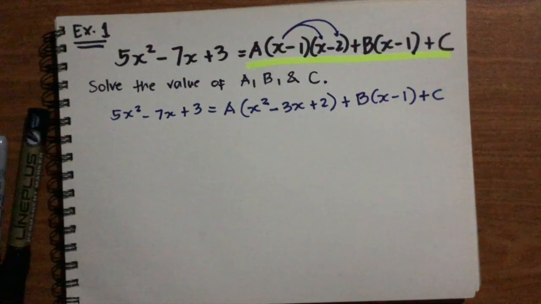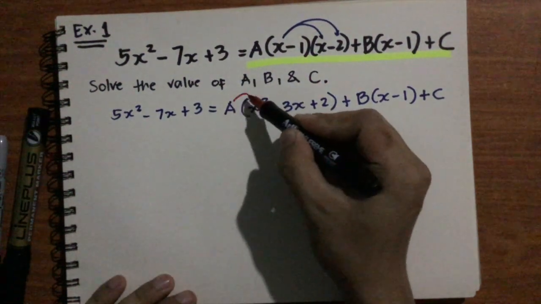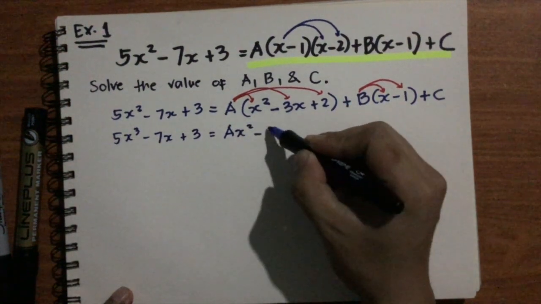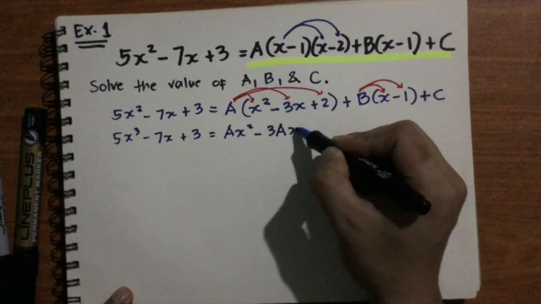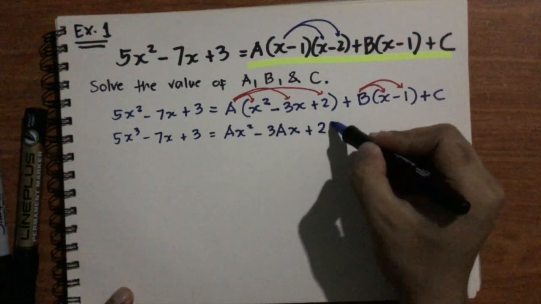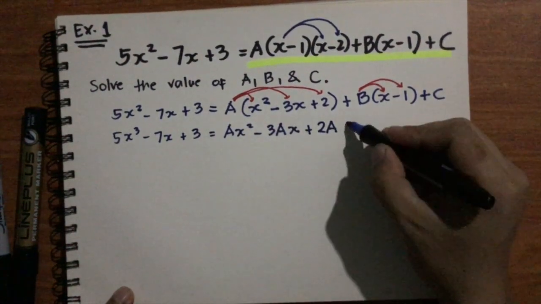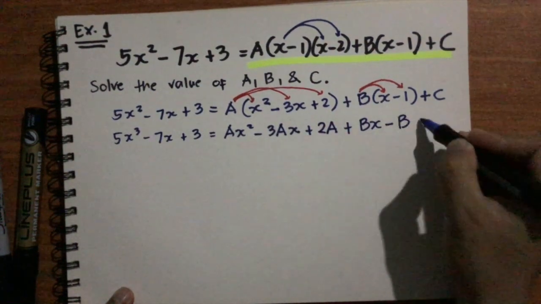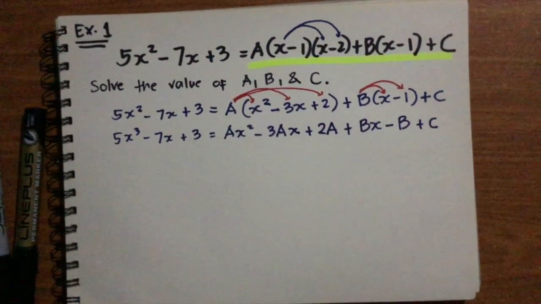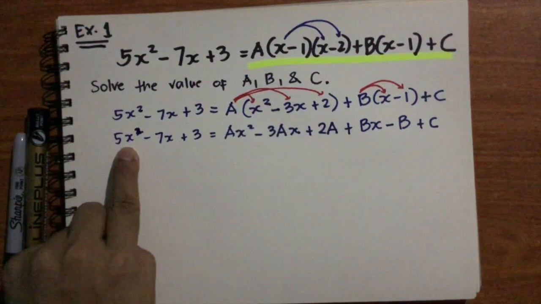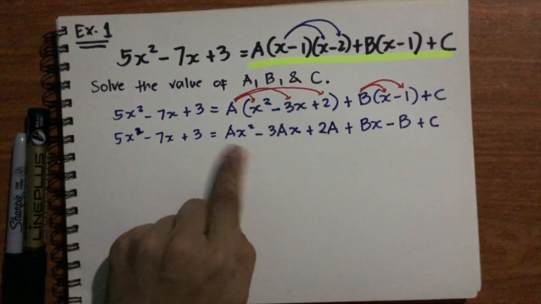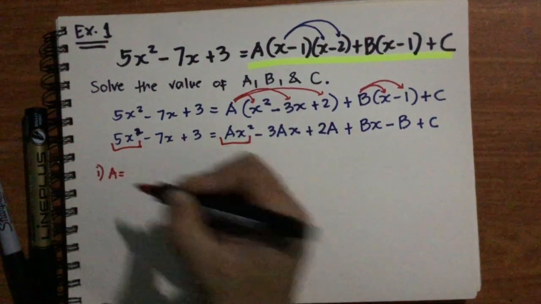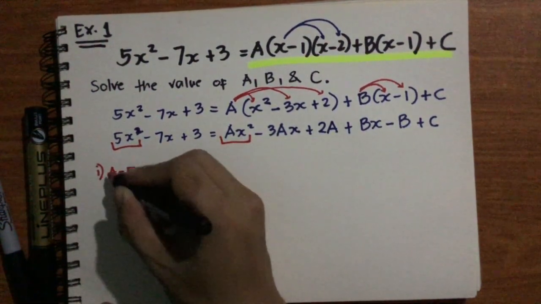In order to simplify that further, distribute the value of a: ax squared minus 3ax plus 2a plus bx minus b plus c. Observe that x squared here is equal to the expression x squared here, so we can say that a is equal to 5.